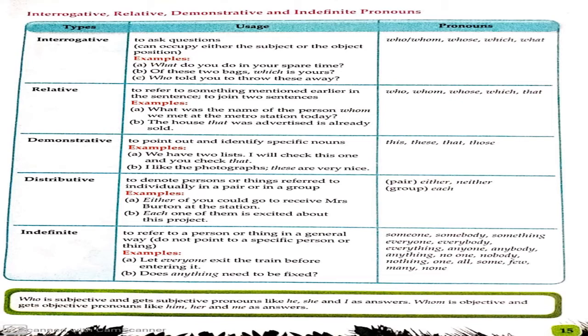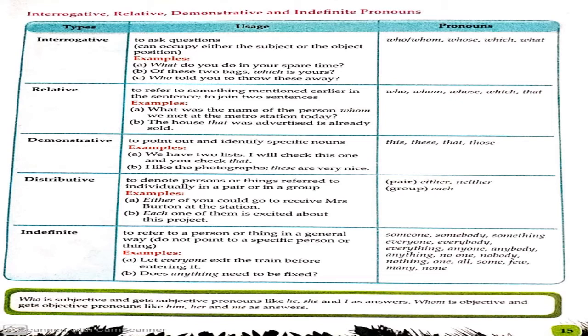So here you can see, they are trying to refer something mentioned earlier in the sentence to join two sentences. The sentence is, what was the name of the person? This is a sentence. Okay. Then again we are trying to join the sentences. Whom we met at the metro station today. Okay. So which is the relative pronoun here? Whom.